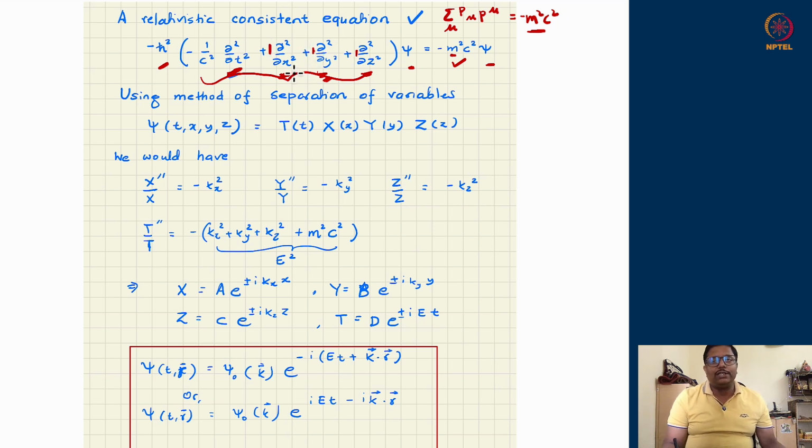There is no coefficient which is a function of x, y, z, or t. In that case, where all the derivatives are separate and all the coefficients are constants, we can employ the method of separation of variables, and think of the wave function as a separable function of the individual variables t, x, y, z.